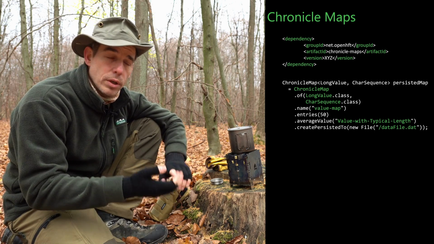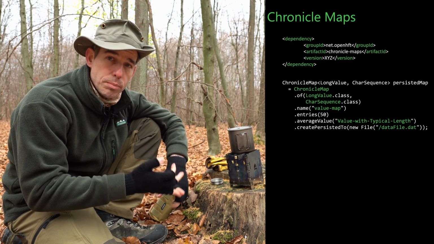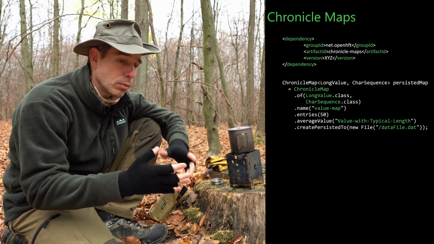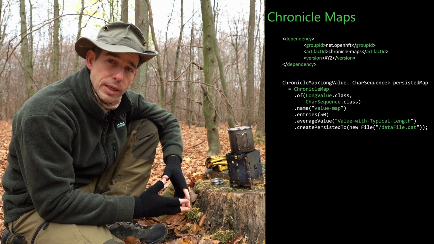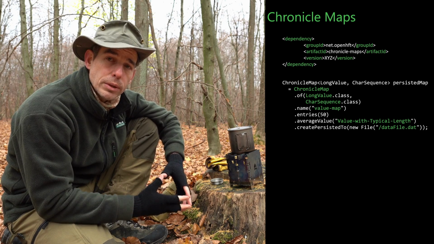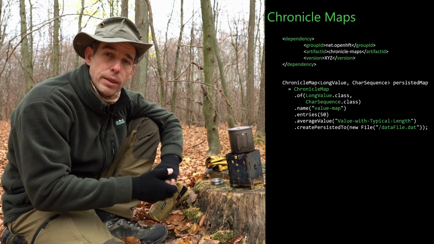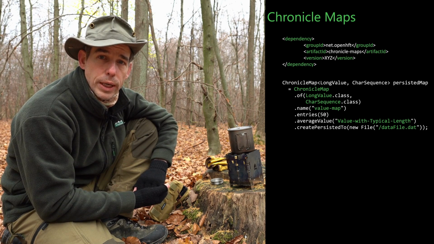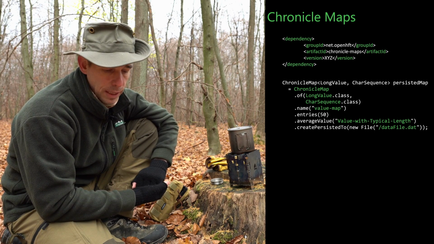But the same with char sequences, with bytes, with all other types you want to write as a value, you have to think about an average value, and this will internally calibrate the map and will influence the way how this is managed.